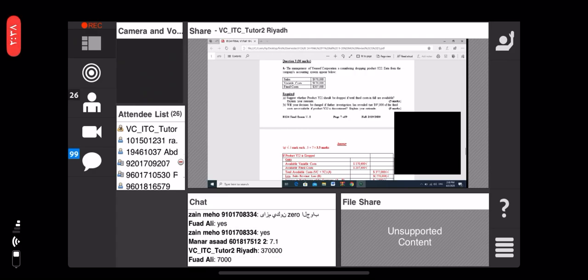plus 207,000. So what is the total amount? 377,000. This is the cost save. And what is the amount of revenue loss?